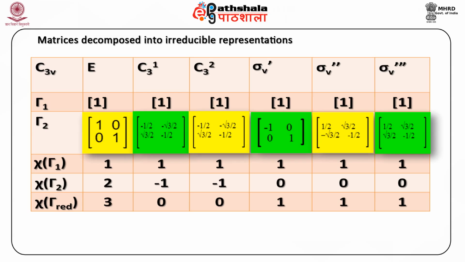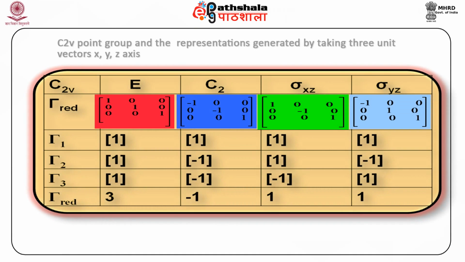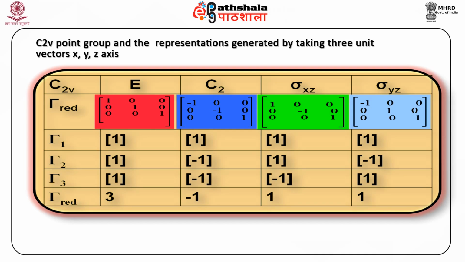These are shown in the table. Thus, total characters remain the same after performing similarity transformation. Now, if we take 3 unit vectors x, y, z along the x, y, z axes, then the z unit vector forms the basis for the one-dimensional representation and the x and y unit vectors form the basis for the two-dimensional representation.